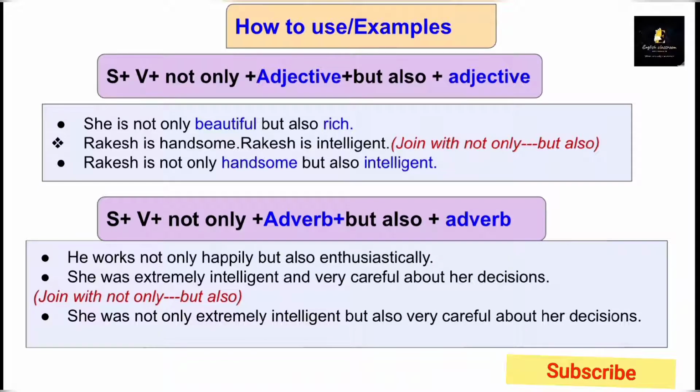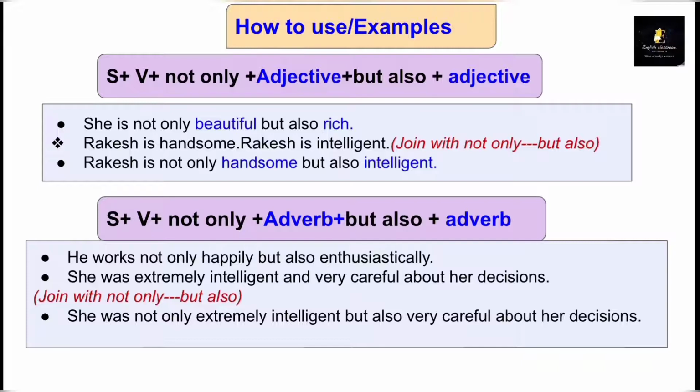She was extremely intelligent and very careful about her decision. Now the sentence which is given to you is already a compound sentence, but we are going to change its structure with the help of not only but also.